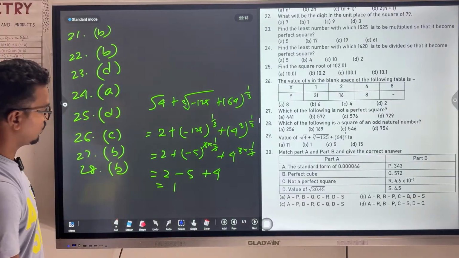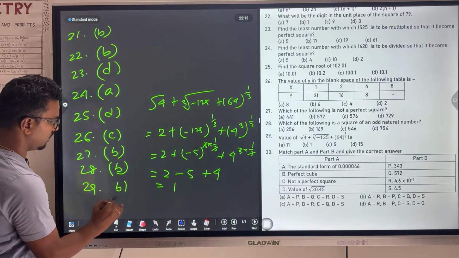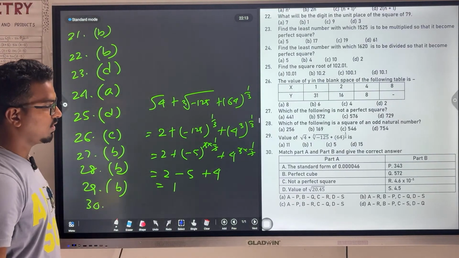Okay তো অপশন কি হ'ব 29 to হৈ গল অপশন বি.